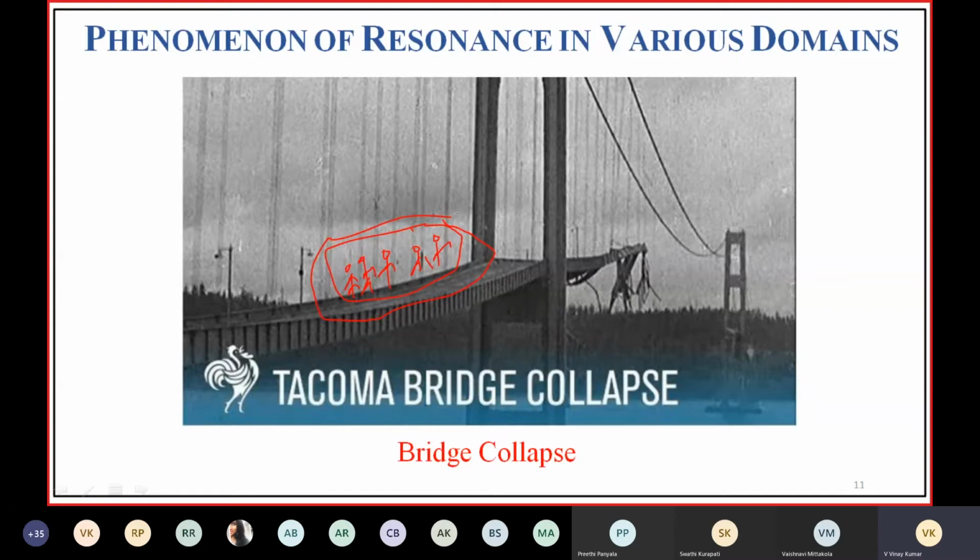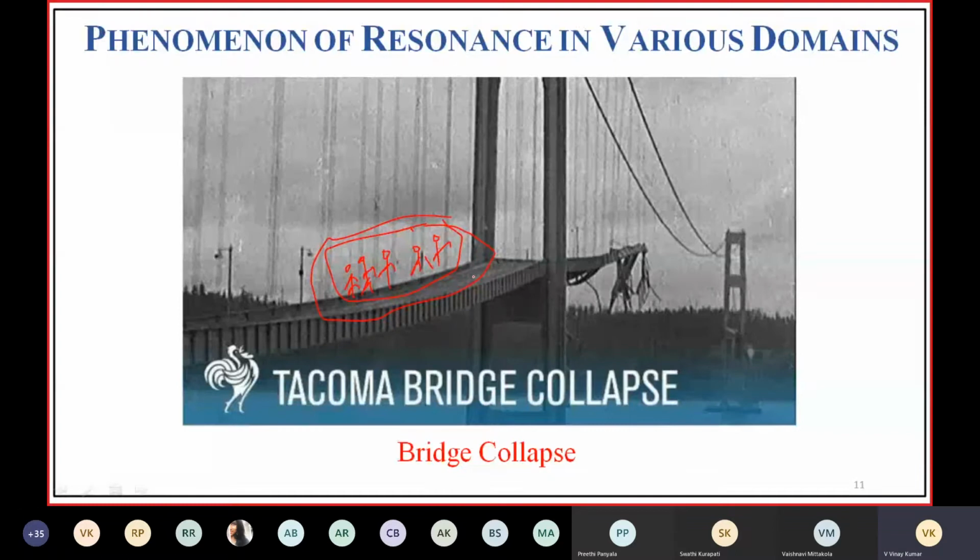When they are marching, the frequency of marching of the group of soldiers matches the frequency of the bridge, then resonance occurs. When soldiers are marching on the bridge, their rhythmic marching can set extreme vibrations at the bridge.